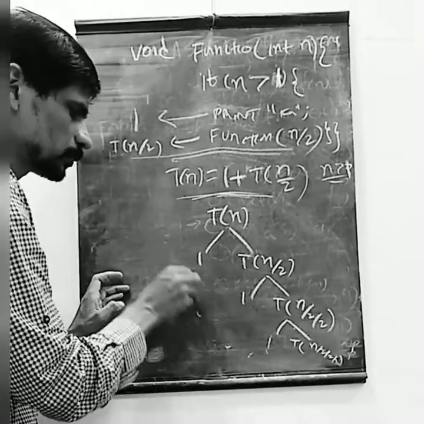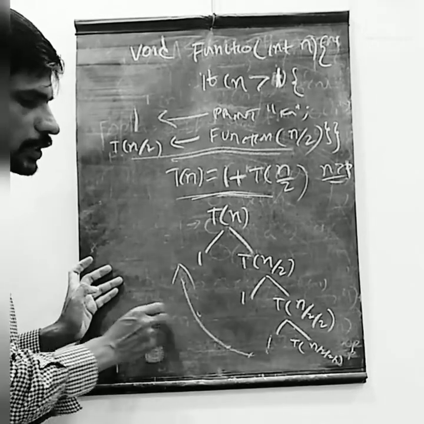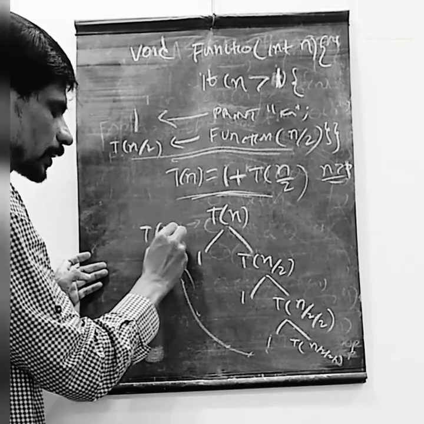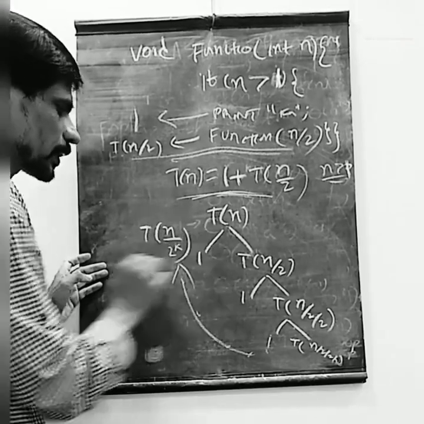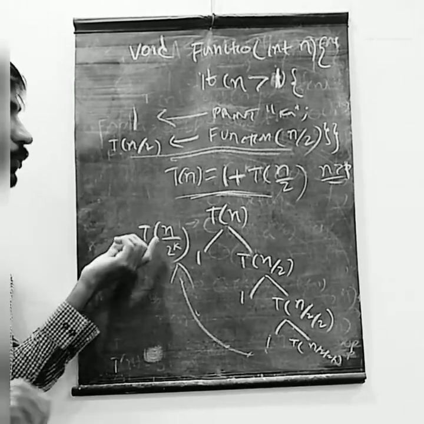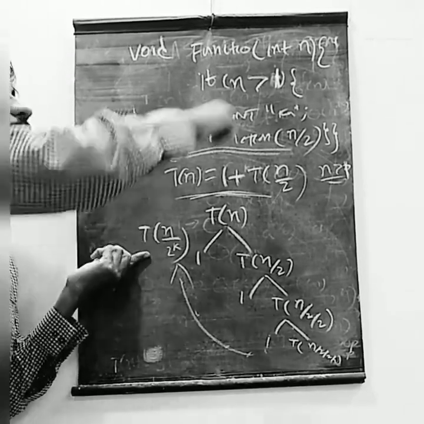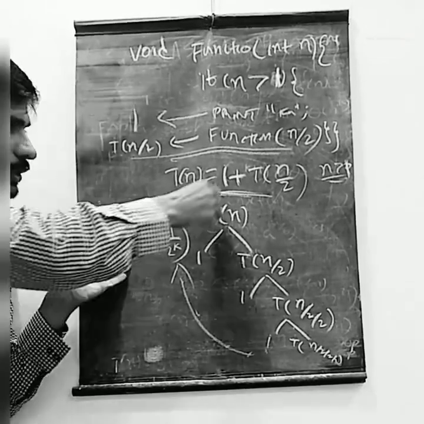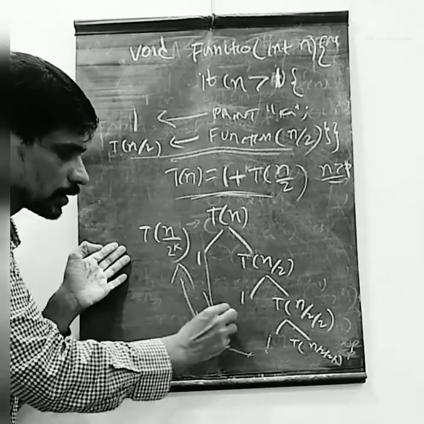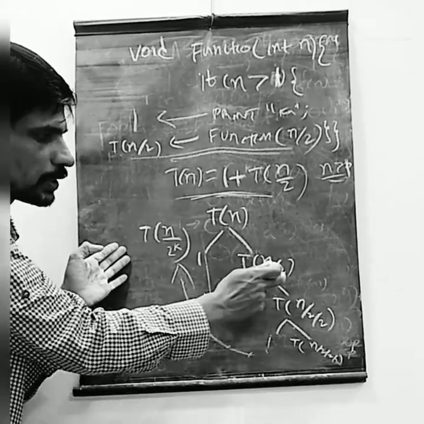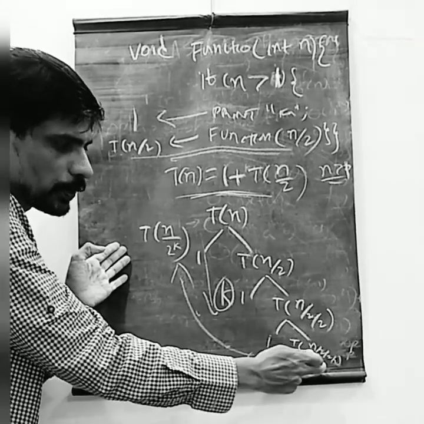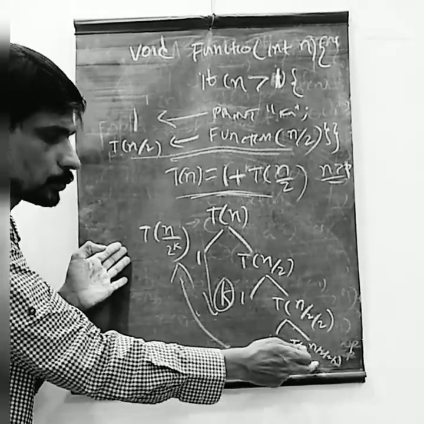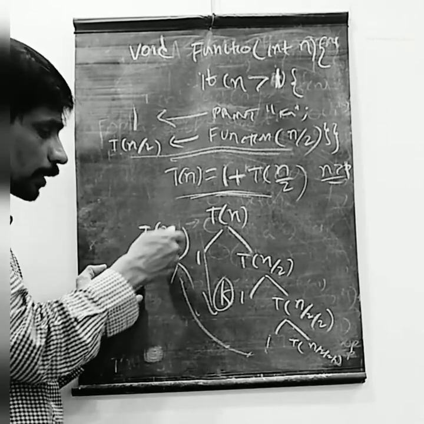If you observe, I need to do this up to n by 2 power k times. When I reach this, I will satisfy the condition and stop my execution. So k is the number of times I need to repeat: 2 power 1, 2 power 2, 2 power 3, up to 2 power k.